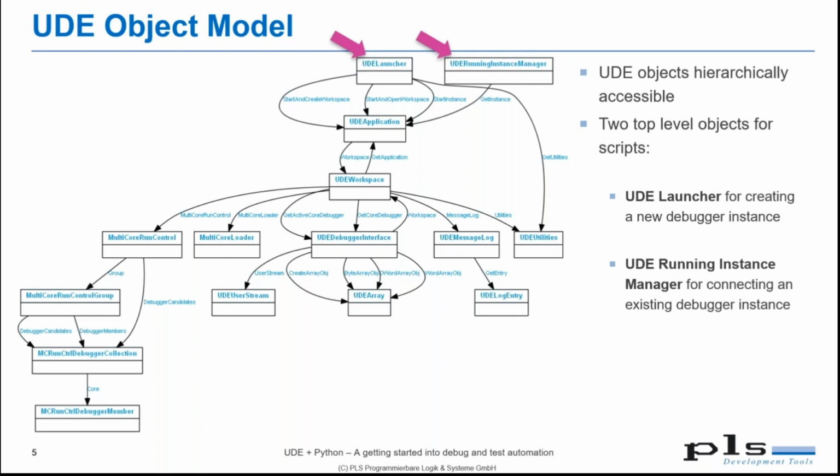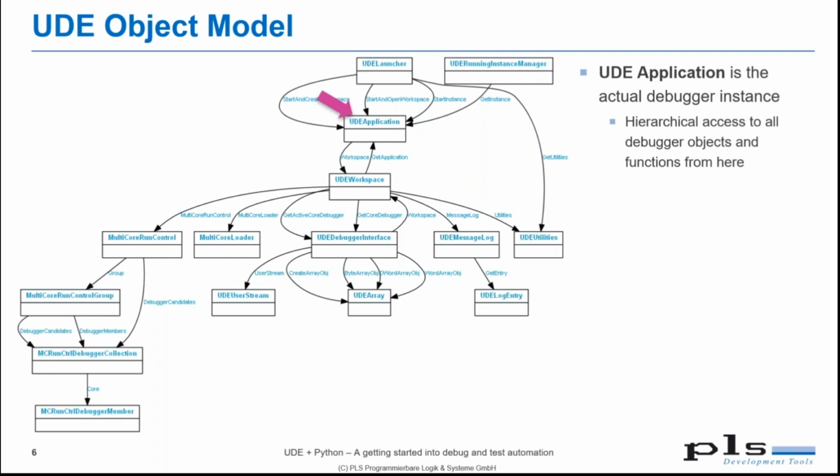Or you use the UDE running instance manager if you want to connect or attach to an already running UDE. From these two top-level objects, you get the UDE application object, which is the actual root object in the debugger object model. And from that, you can obtain all the other objects that you need.